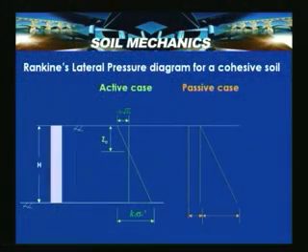That depth is called the critical height, beyond which the soil cannot remain unsupported. The negative and positive pressures get cancelled, the soil is in equilibrium, and we call it the safe unsupported height. This is generally about 4 to 5 meters for soils having cohesive strength or some apparent cohesion. This is the passive case, with the equation shown in a diagrammatic way.